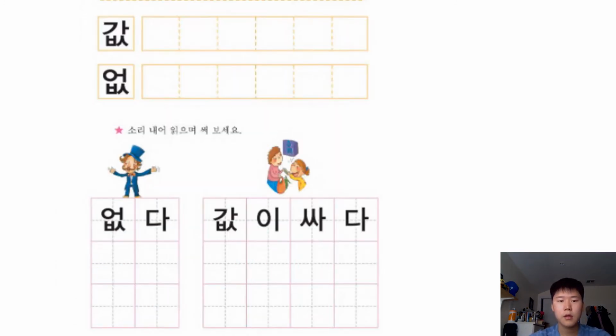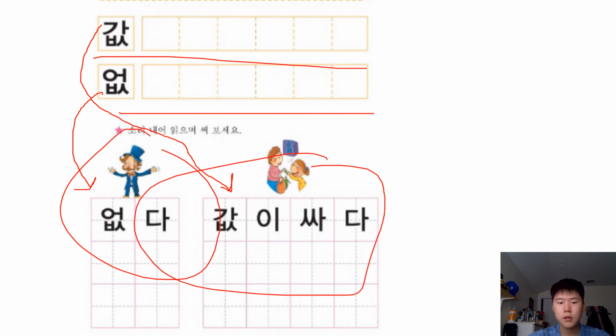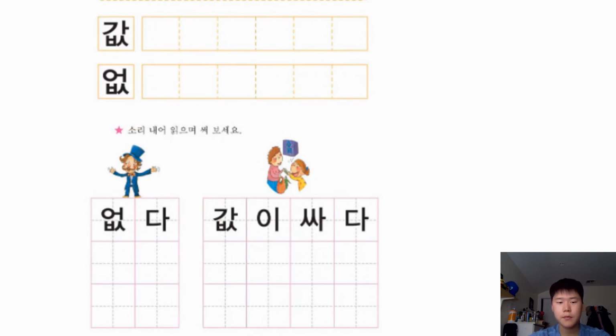Over here, these words are for the first word, and then this one is for the second word. So let's try writing all of these. So the first word, 없다. Do you guys know what 없다 means? Yep, it means that it's gone or not there, right?